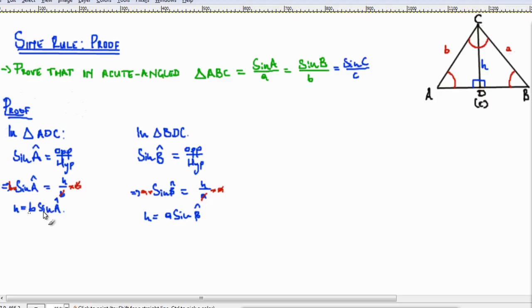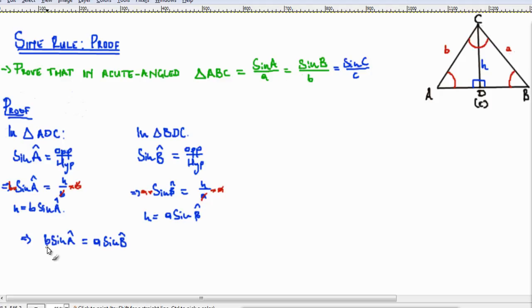Okay, so we have that h is equal to b sine a, and h is also a sine b. That can only imply one thing, which is that b sine a is equal to a sine b. But remember, we have to show that sine a over small a is equal to sine b over small b.